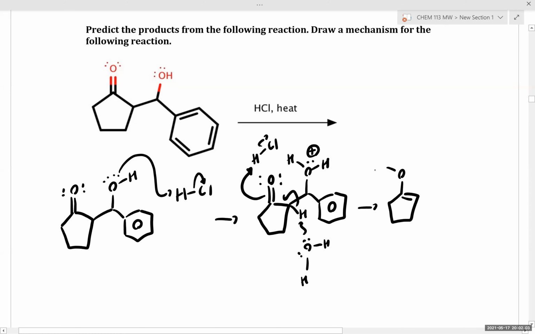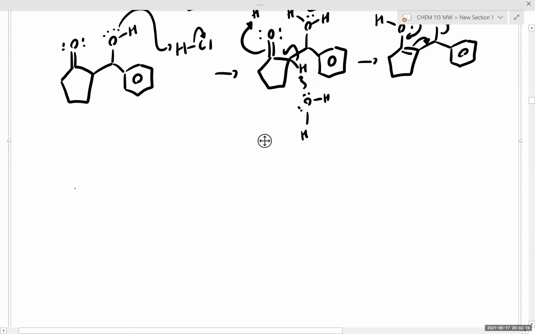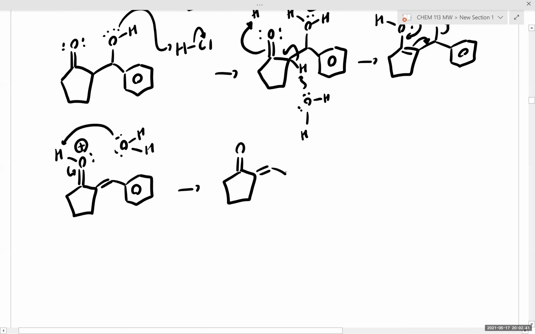And from here, we're now ready to kick out our leaving group, which is water, via elimination. You can think of it like a 1,4 elimination, almost the exact opposite of a conjugate addition reaction. From here, as our last cleanup step, all we have to do is deprotonate our carbonyl oxygen to get our neutral isolable enone product.